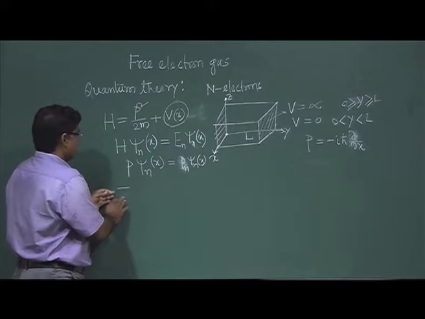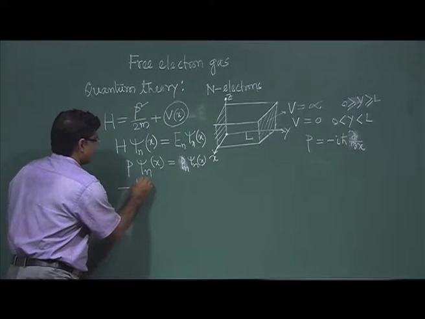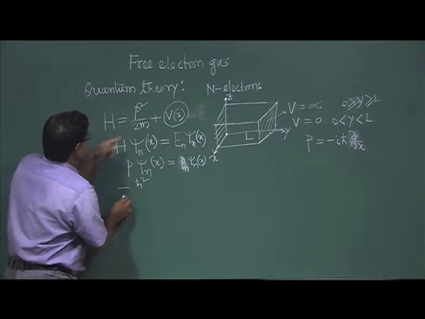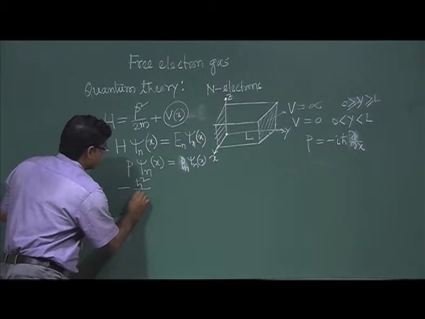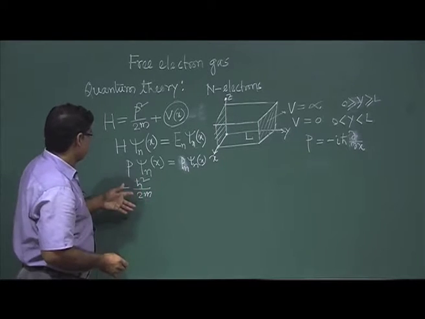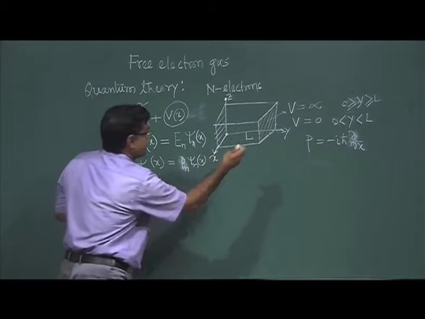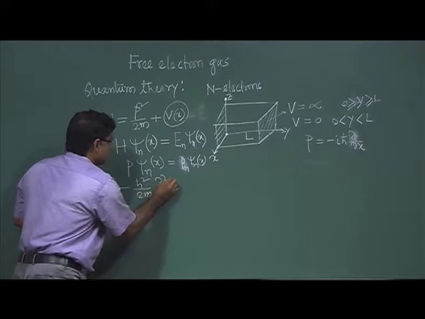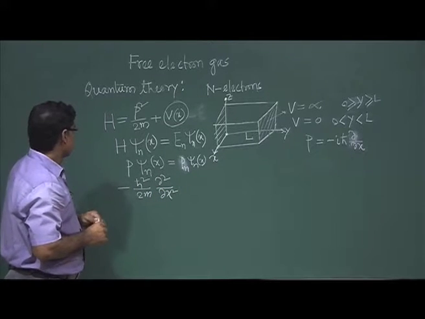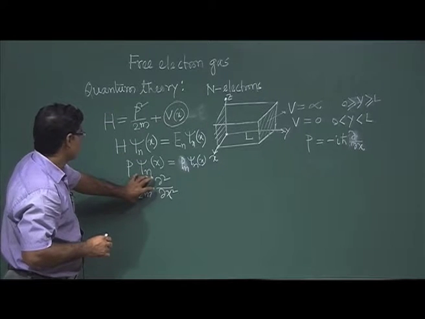So it will be minus h cross square by 2m times del 2 by del x square. That will be the Hamiltonian operator.